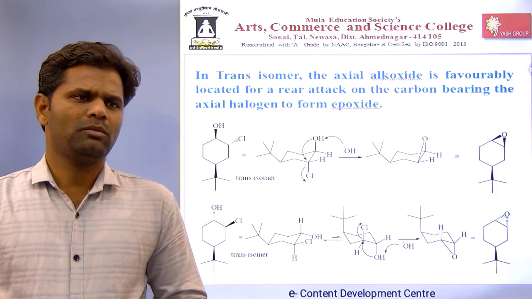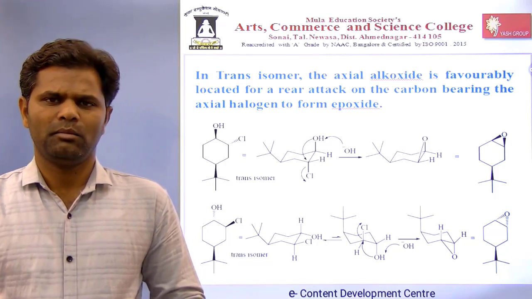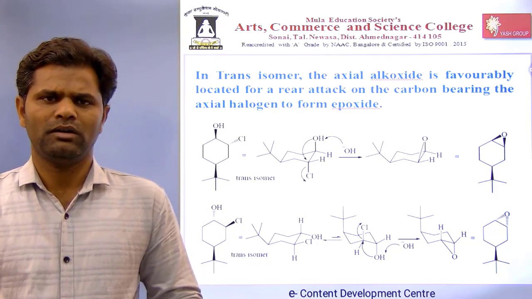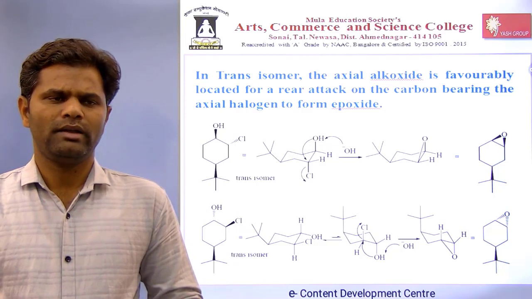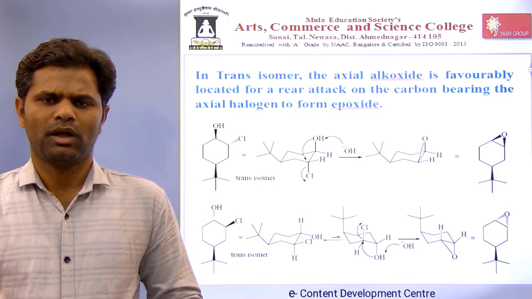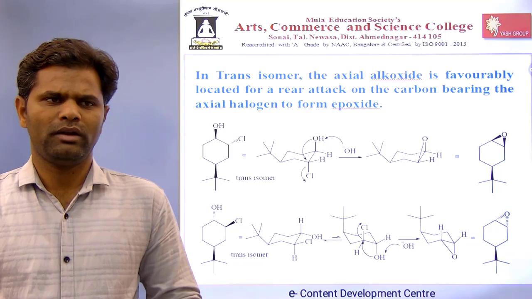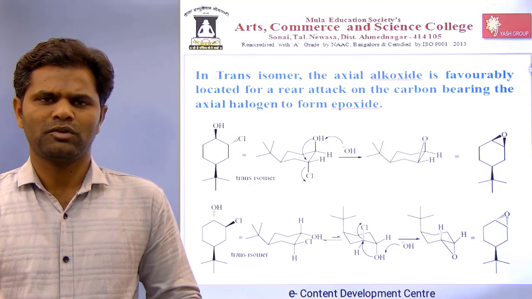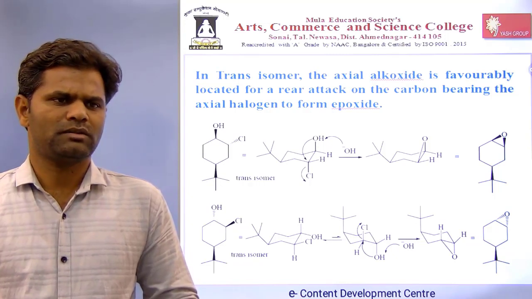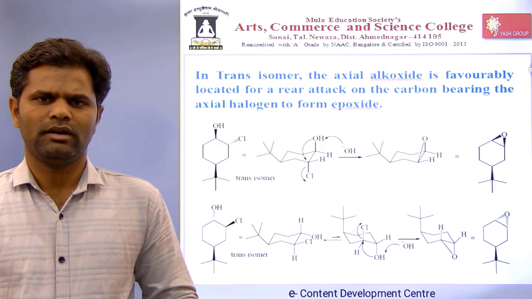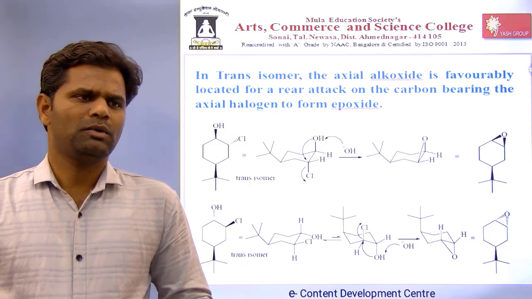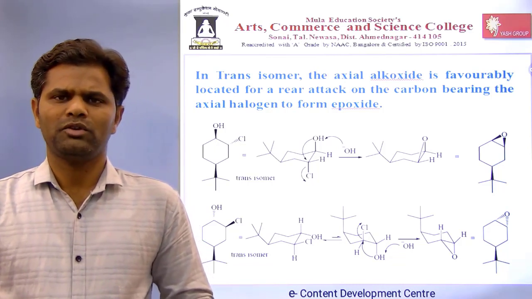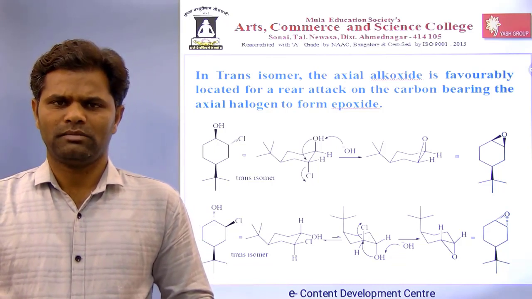The stereochemistry of the epoxide is decided by the stereochemistry of the hydroxyl group. As in the first example the hydroxyl group is beta oriented, a beta epoxide is formed, while in the second example, as the hydroxyl group is alpha, an alpha epoxide is formed.